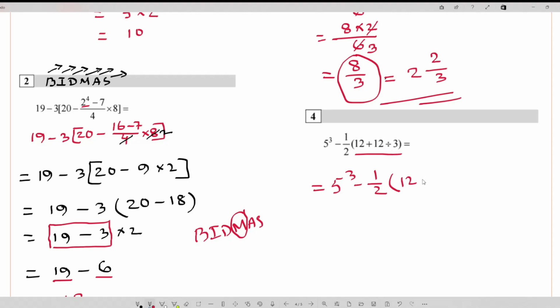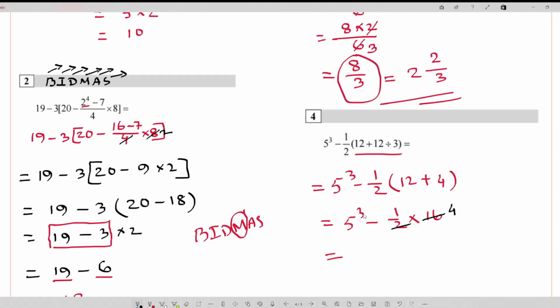So 12 plus 12 divide 3 means 4, right? Then 5 cube minus 1 by 2 times 12 plus 4 means 16, right? Then look, 16 divide 2, it means what? 4.